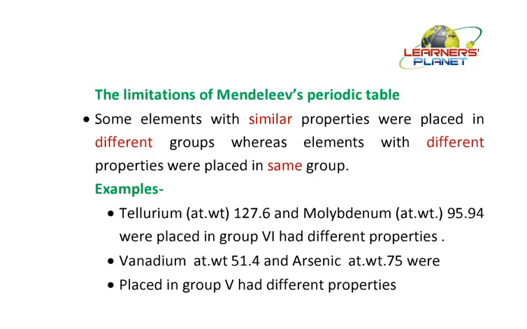Tellurium belongs to group 6, the oxygen family or the chalcogens: oxygen, sulfur, selenium, tellurium and polonium. These have 6 electrons in their valence shell, and the valence shell has p orbitals. But molybdenum is a transition element.